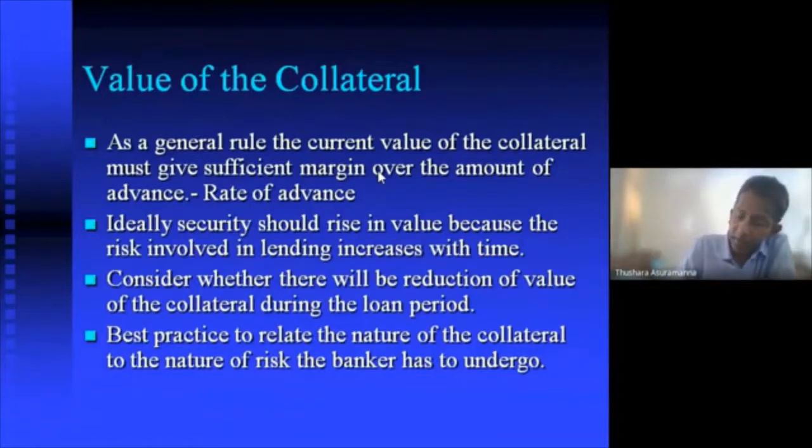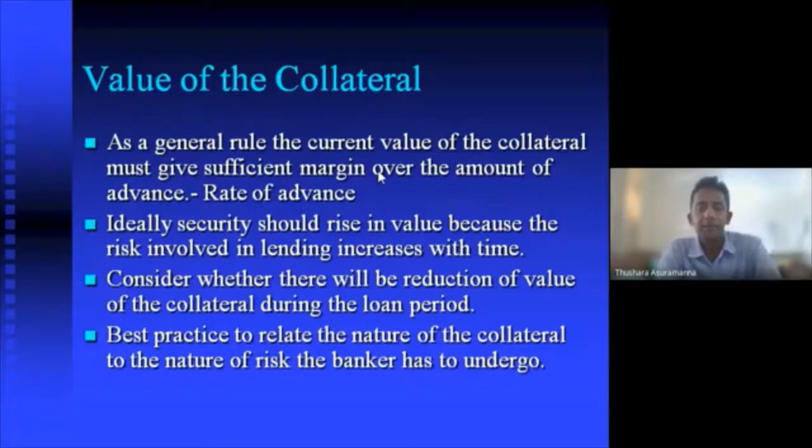Say you have 10 million worth of security and a 7 million worth loan, then you have more than one time coverage from the collateral. Otherwise, if you have a 7 million worth loan and 5 million worth of security, the collateral cover is less than 1.